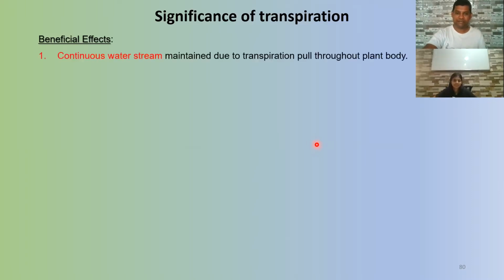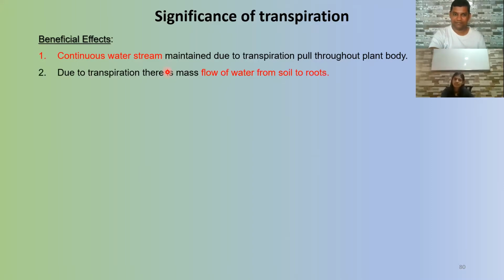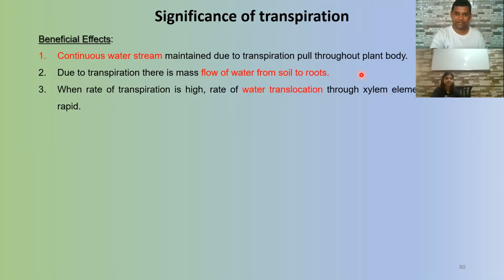क्या फायदा होता है? सबसे पहले, because of transpiration, आज ही हमने देखा transpiration pull. Transpiration pull है, इसीलिए there is a continuous water column maintained in the xylem. तो वो पुल के वजह से मेंटेन हो रहा है. That's why absorption and translocation is taking place. There is a mass flow of water from the soil to the roots. Transpiration also helps in that, right?